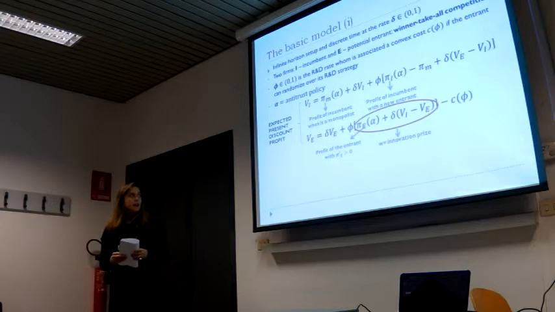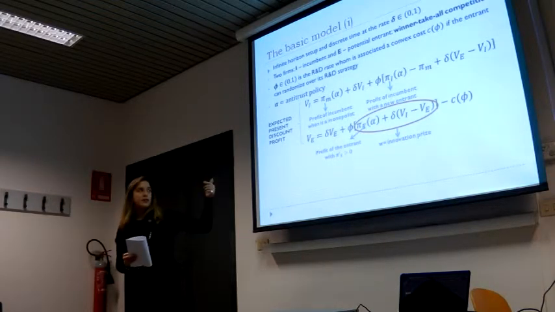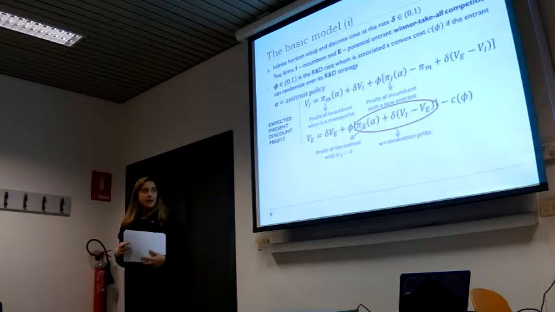On the other hand, the expected present discounted profit of the entrant is given by the discounted value of it and the probability times the profit of the entrant, and the discounted value of the difference between VDI and VDE, minus the cost.